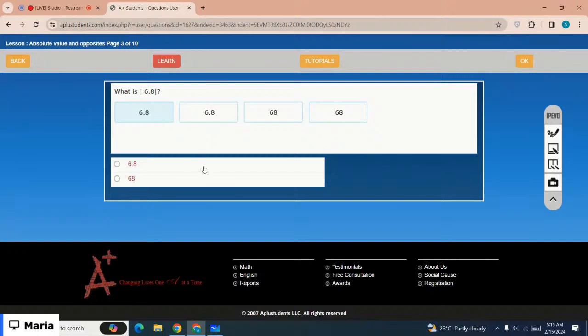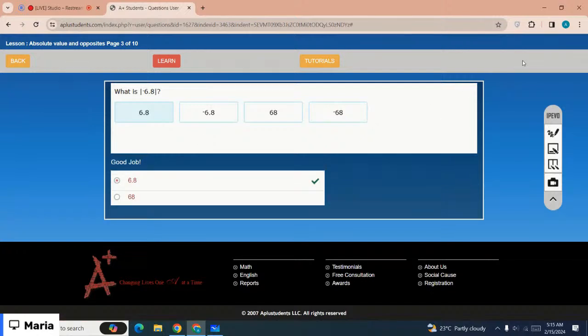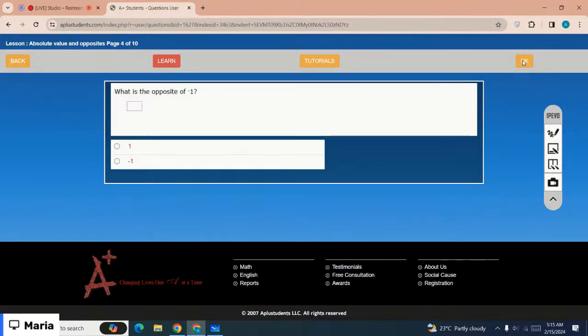That is option number 1, 6.8 is the correct option. What is the opposite of negative 1? Opposite of a negative number is always a positive number. So opposite of negative 1 is positive 1, right? Option 1 is the correct option.